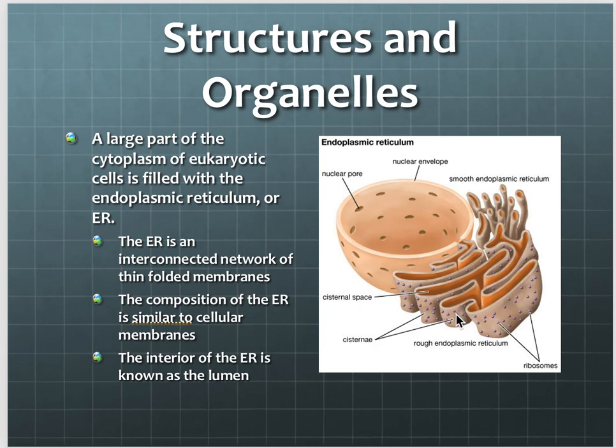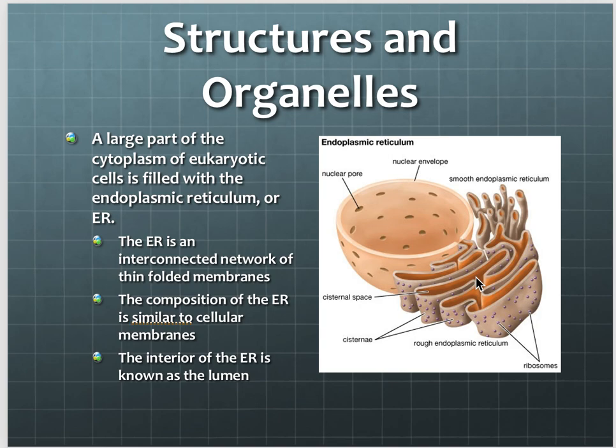There are areas on the endoplasmic reticulum that have ribosomes, and then there are areas on the endoplasmic reticulum that do not have ribosomes. The inside, this brown area, is called the lumen. Lumen means light.